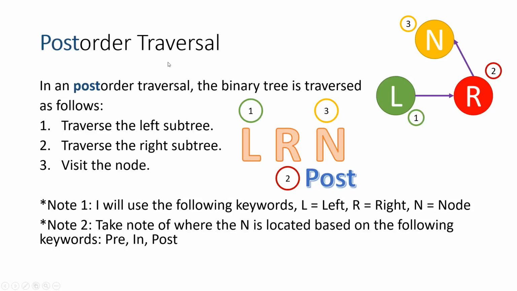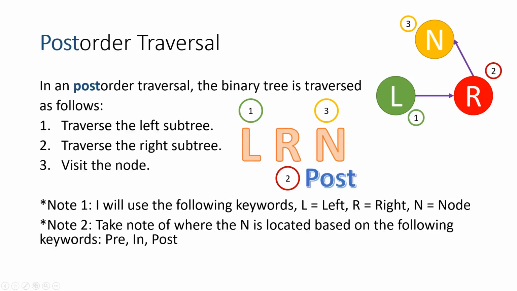So in a post-order traversal, the binary tree is traversed as follows. Traverse the left subtree, traverse the right subtree, and visit the node. Notes 1 and 2 are the same as before: left, right, and node. And then you just remember pre, in, post.